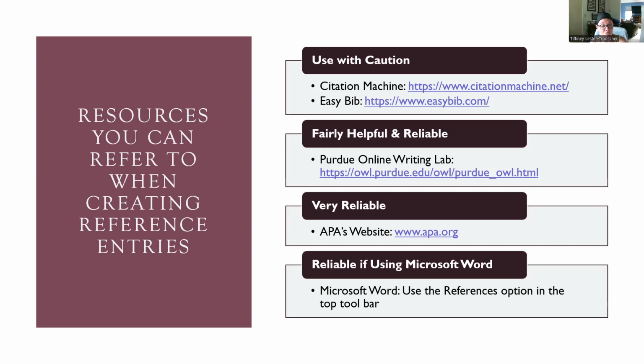If you are using a source, especially from a website that doesn't have an author listed, I would do that entry manually. But if you have a journal article that has the author, has the year, the date, has the title, has all of the information you need, go ahead. Go ahead, use EasyBib, use Citation Machine, let them do the work for you.